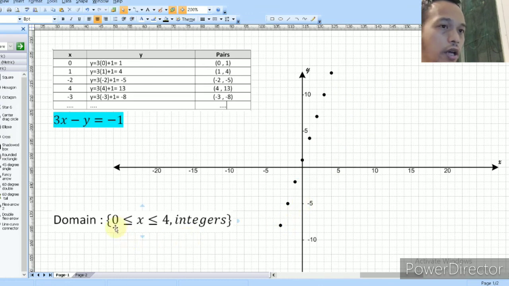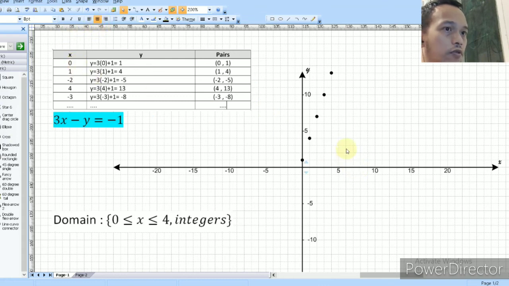Since I can only include the x between 0 and 4, negative x cannot be shown on your graph, right? And 1, 2. Okay, so this is what your graph becomes. It is not a line, it is just dots, dots, dots. Why?